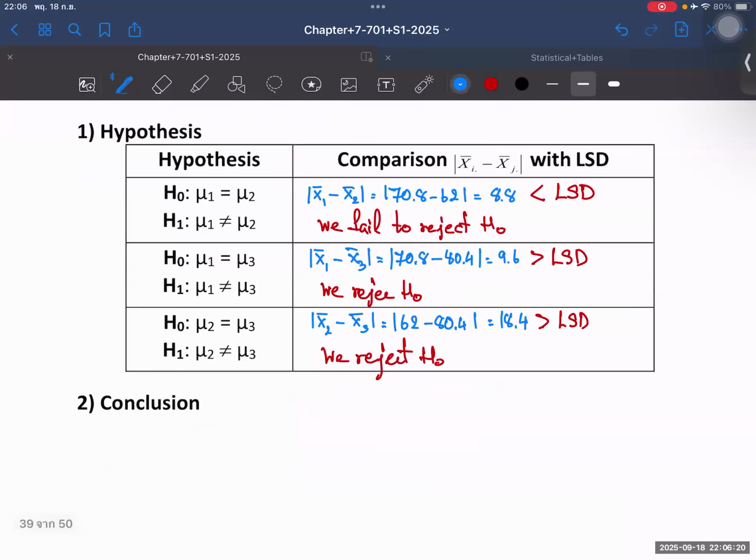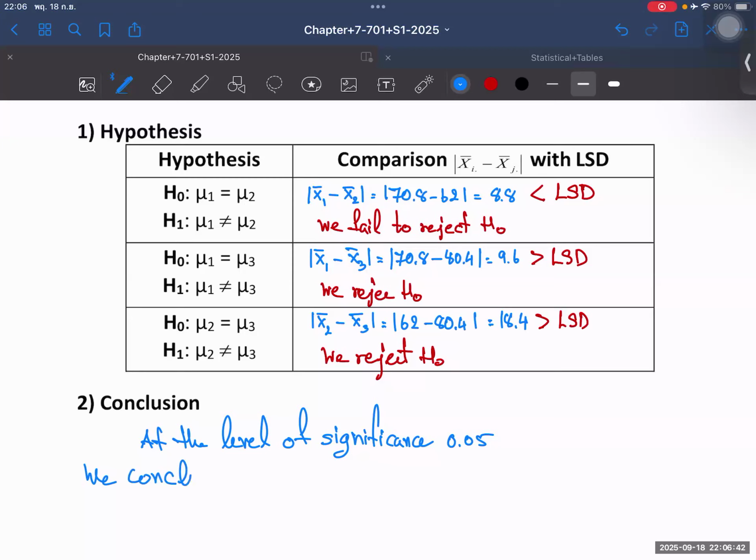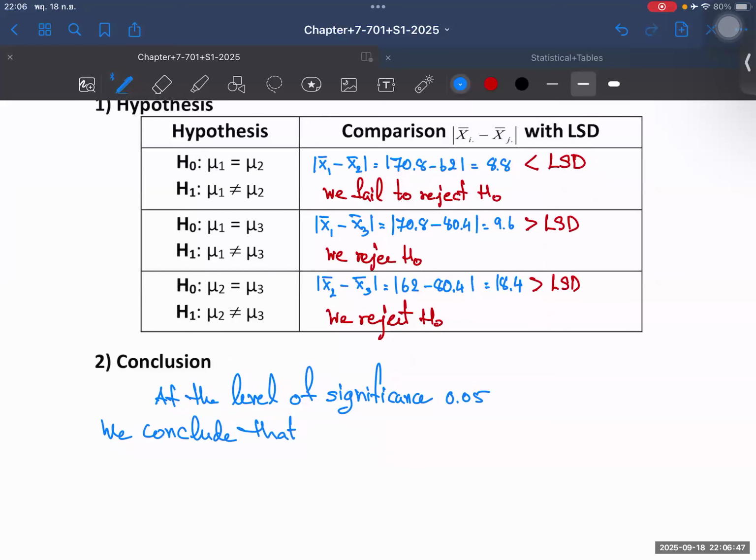Now, at the level of significance 0.05, we conclude that, first, so what is the cholesterol?